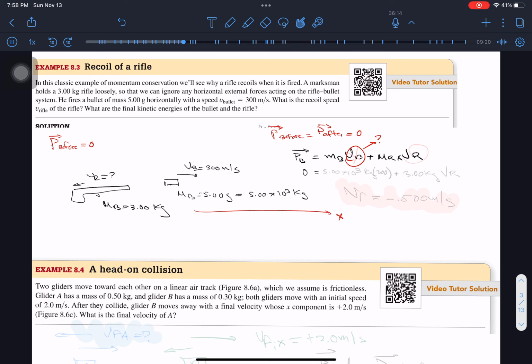So the mass of the bullet is going to be 5.00 times 10 to the minus 3 kilograms times the velocity of the bullet, plus the mass of the rifle, which is 3 kilograms, times the velocity of the rifle, which is what we need to find.